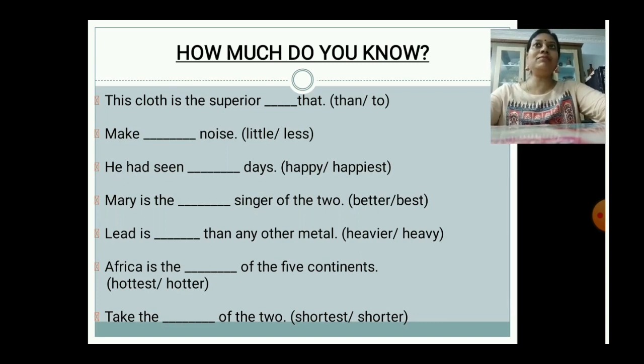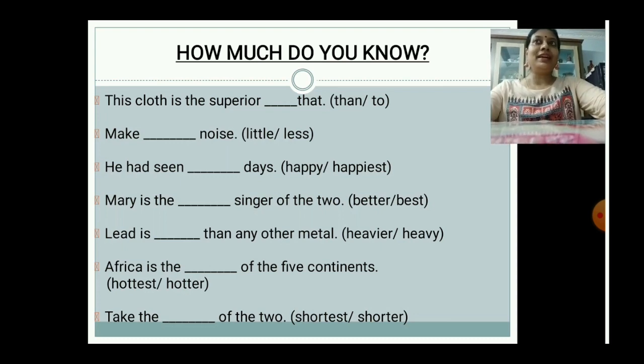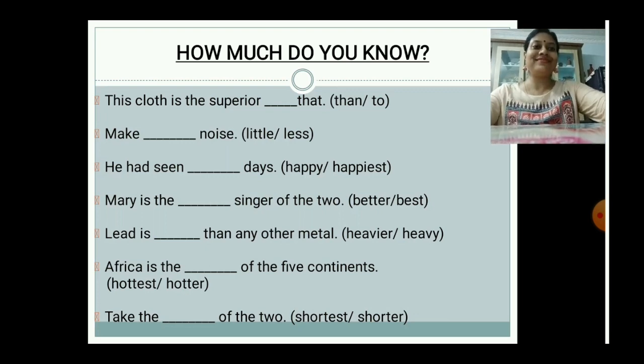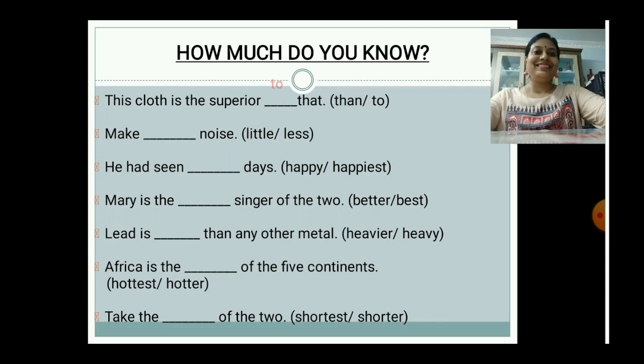Now let us see how much you know about all these concepts, and let us fill up these blanks. This cloth is the superior dash that. What will be here? Than or to? Yeah, correct.